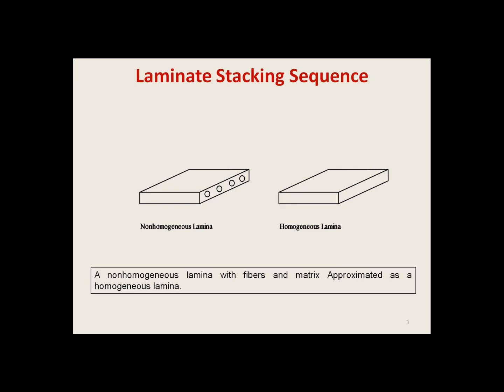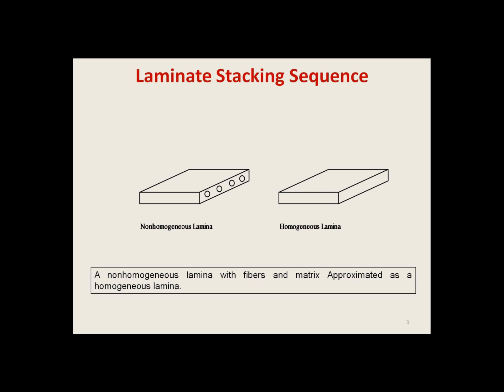Now we will discuss the different types of laminas, in the sense non-homogeneous laminas and homogeneous laminas. In this discussion, we have to take 2 points into consideration, which are the main points in order to calculate the different parameters and establish the relationship between the micro and the macro laminas.